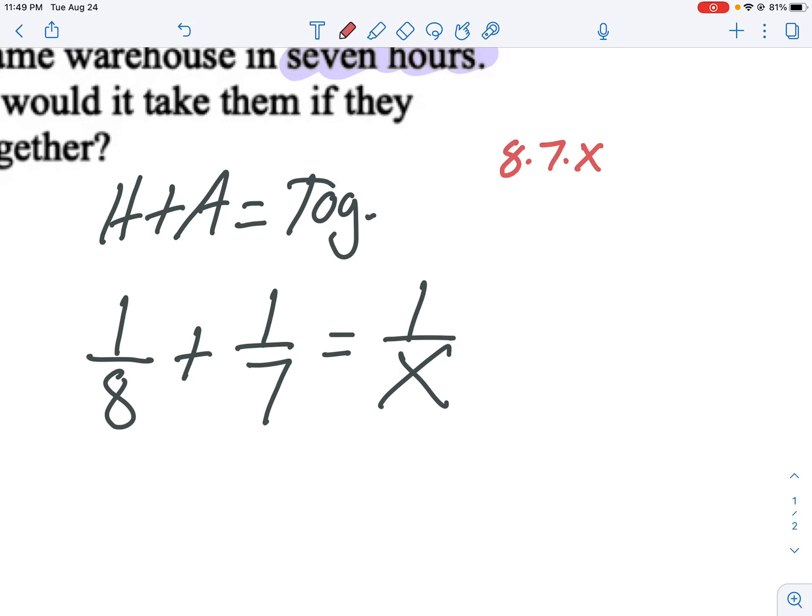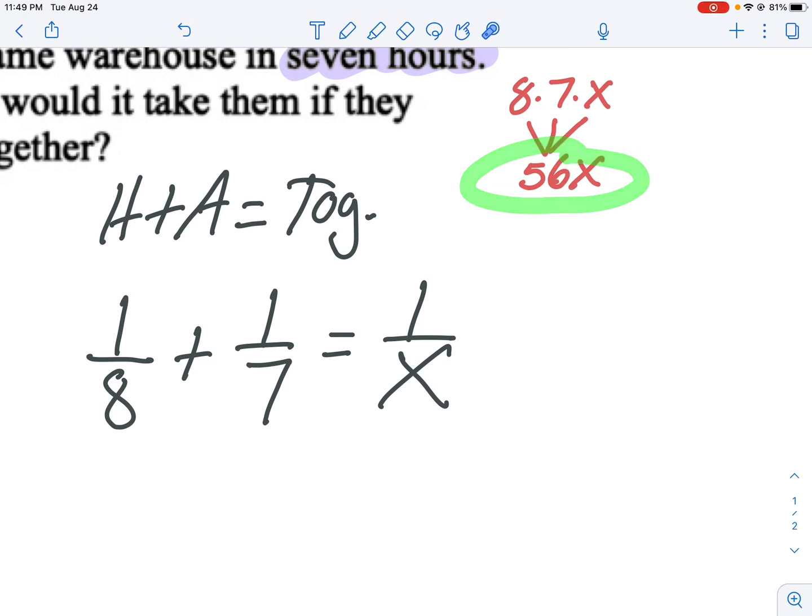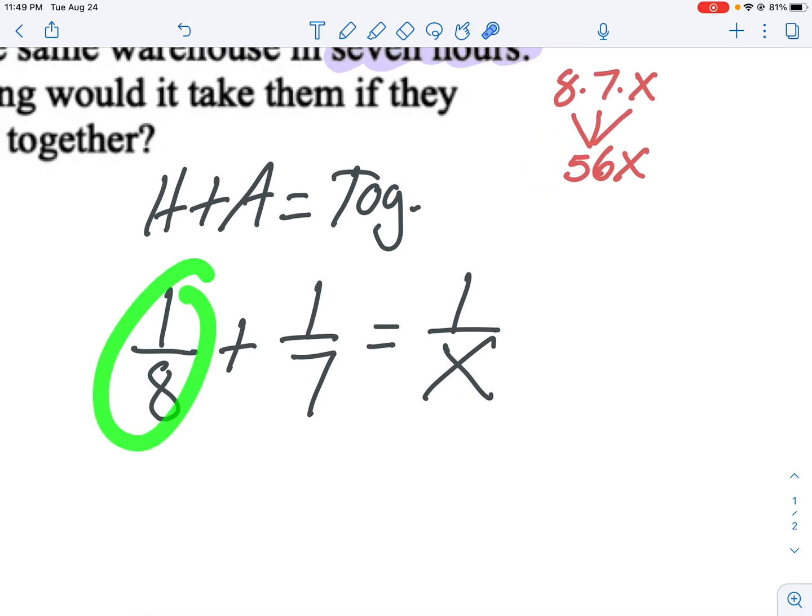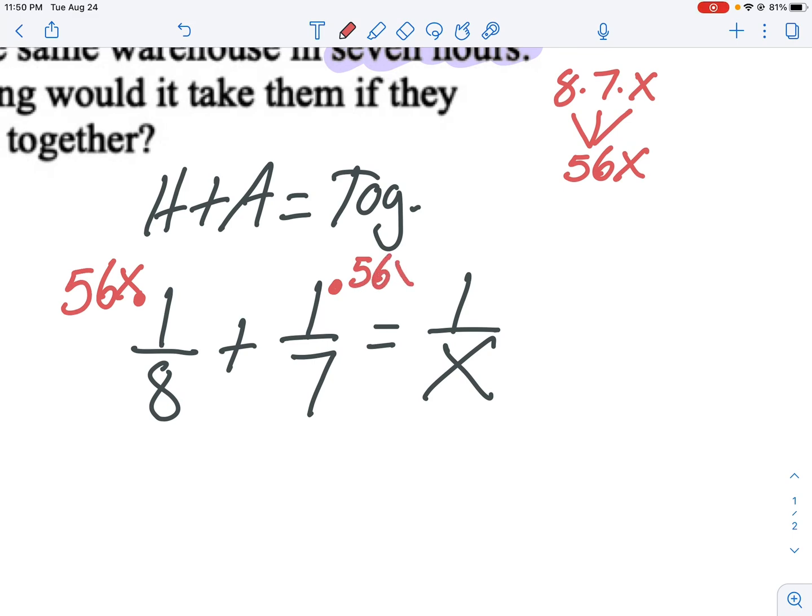Right? 56x. That's what that gives us right there. Let me move this up a little bit. So this is the key number right here. This, everybody, is what we're going to multiply each fraction by, and that looks like this: times 56x, times 56x, times 56x.